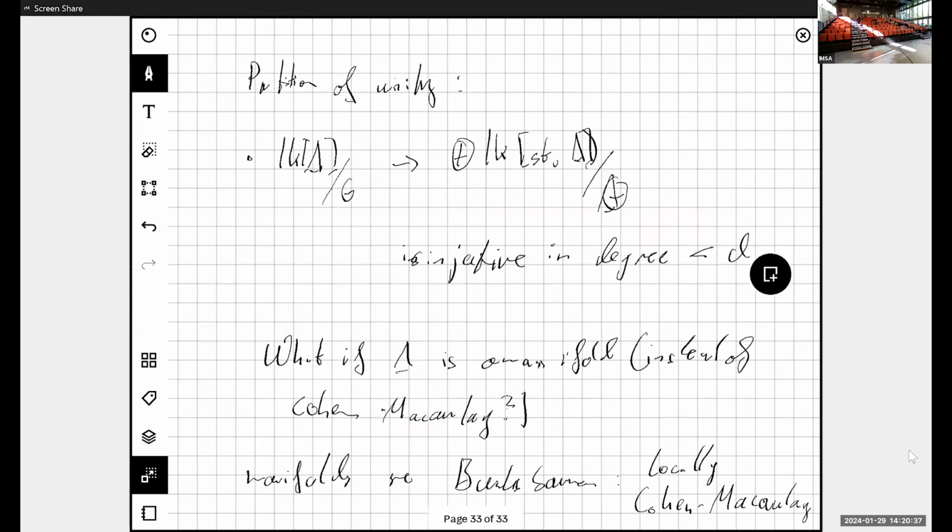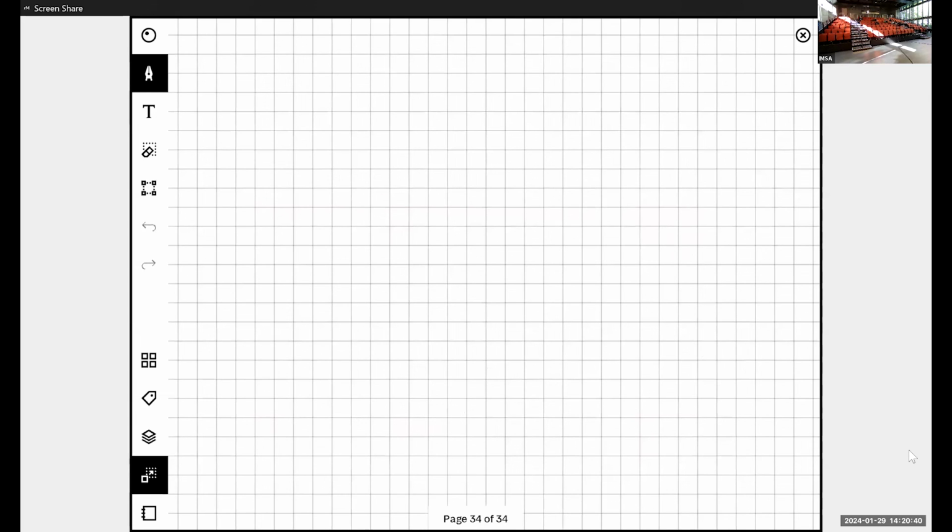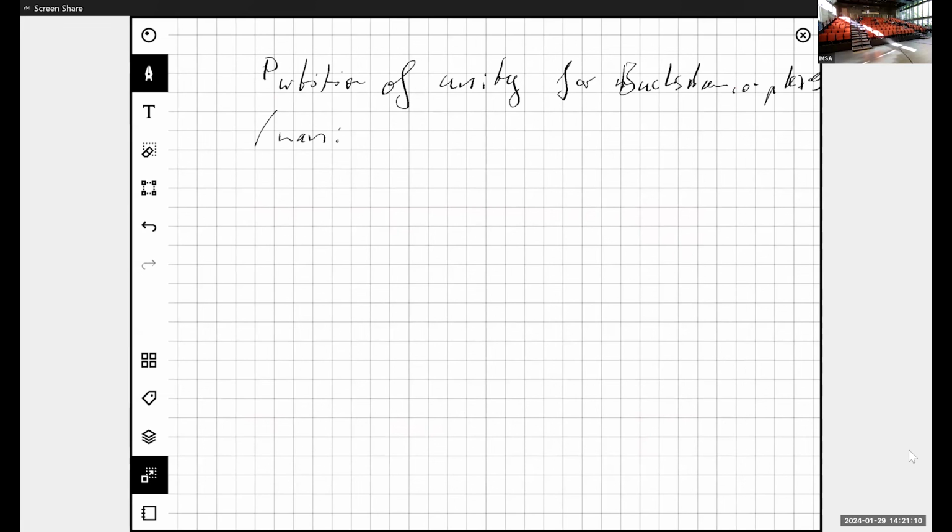And so if I look at this map then, the final theorem is partition of unity for manifolds, or that means for Buchsbaum complexes. And now this is somehow the beautiful connection to homology that I want to talk about.